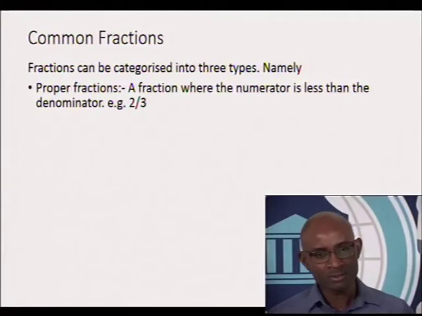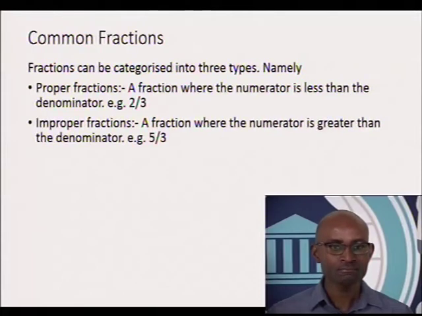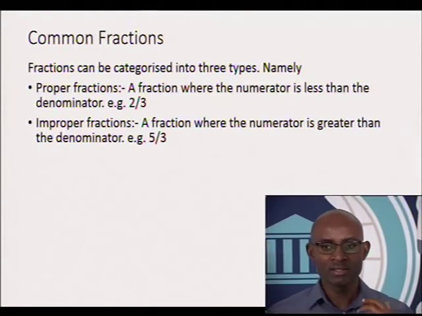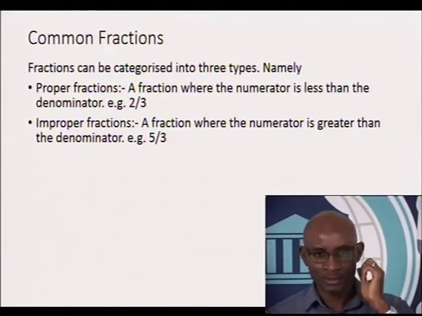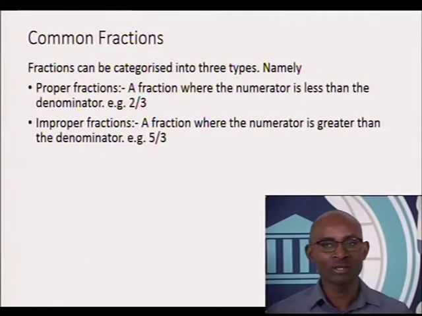We have proper fractions. These are fractions where the numerator is less than the denominator. Improper fractions are fractions where the numerator is greater than the denominator. The proper fractions, I always like to compare to a huge person with a small head.